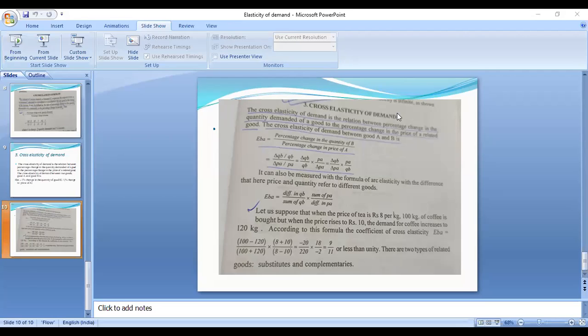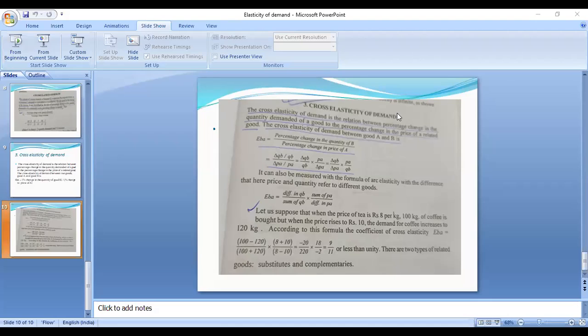So in both these examples, you have to find out the answer. Apart from that, you have to categorize under which category of elasticity of demand these examples belong. Okay, clear? Ma'am, can you repeat the first question again?